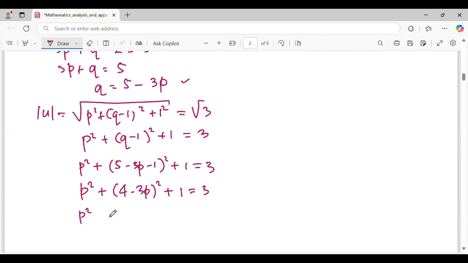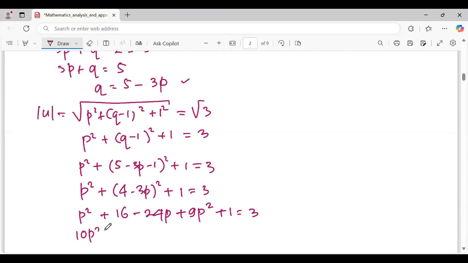Then it becomes p squared plus 16 minus 2 times 4 times 3, which is 24p, plus 9p squared plus 1 equals 3.